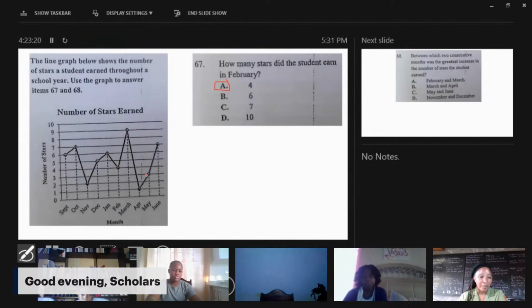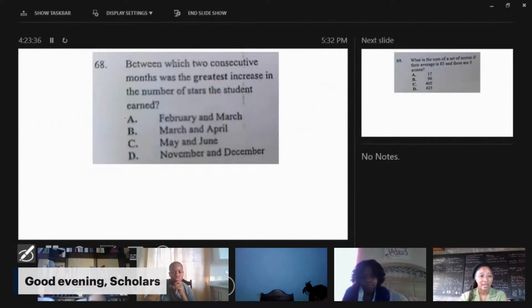All right. May to June also has a steep increase. So it's from 3 to 7. How many? 4. All right. So February to March is correct. An increase of 5. That's the steepest increase, the greatest increase.